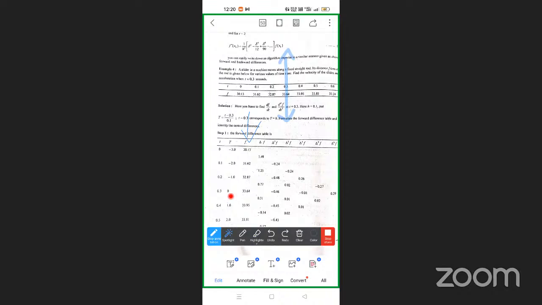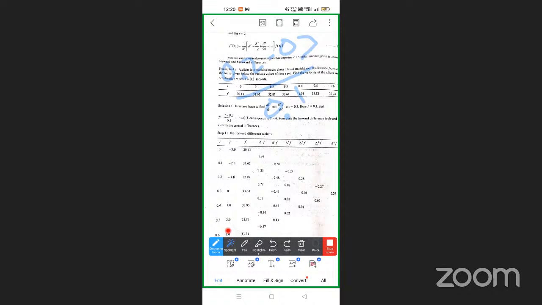At 0.3, capital T is 0, using the formula (0.3 − 0.3)/0.1. Next, for t = 0.2, (0.2 − 0.3)/0.1 gives minus 1, then minus 2, and here minus 3. Below, it is 1, 2, 3.